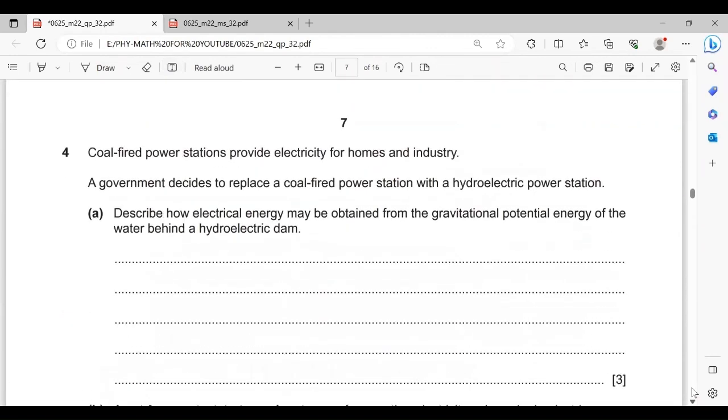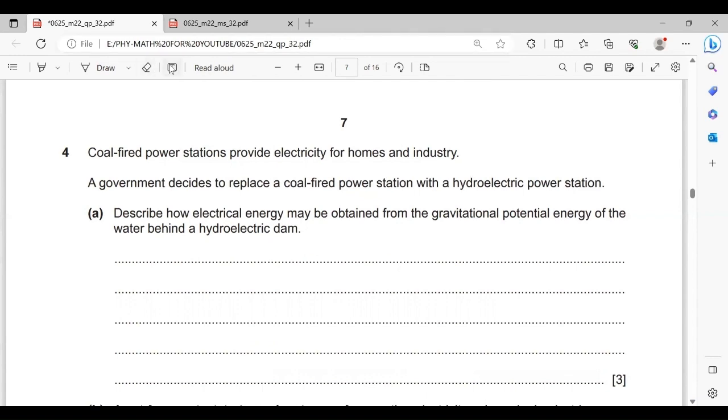Next, number four. Coal-fired power stations provide electricity for homes and industry. A government decided to replace a coal-fired power station with a hydroelectric power station. Describe how electrical energy may be obtained from the gravitational potential energy of the water behind a hydroelectric dam.